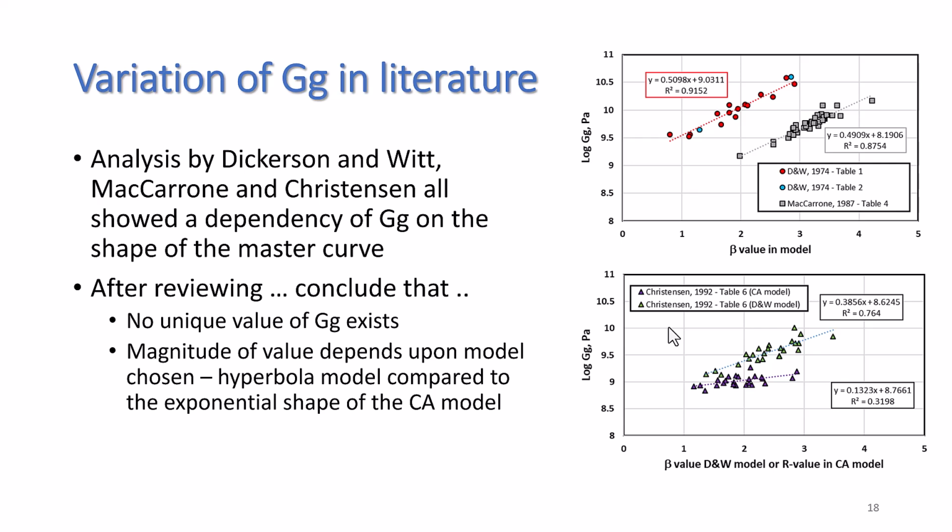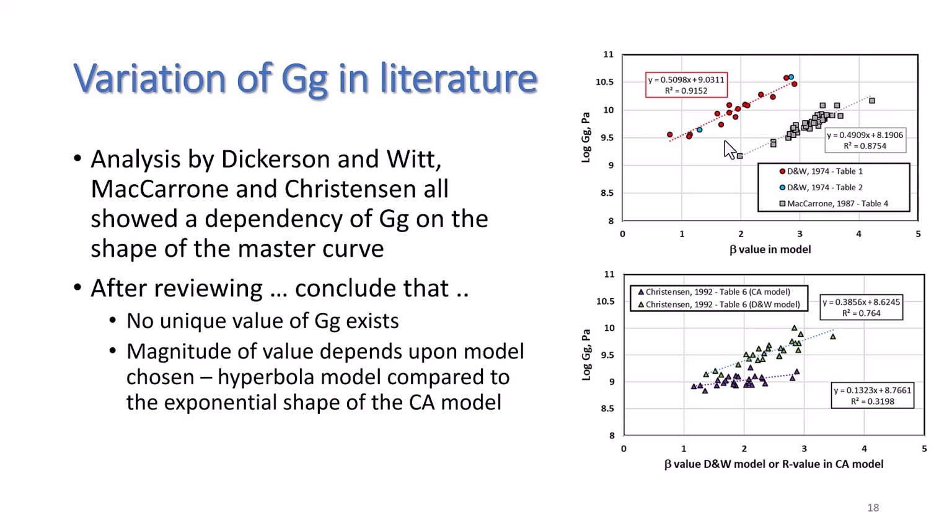And then I've put again the results from Don Christensen's PhD thesis there. You can see that depending on the assumptions that various folks have made, you get different trend lines. So the Dickinson and Witt trend line is this. This is another trend line from a slightly different version of the model.